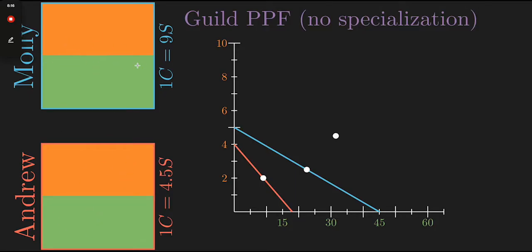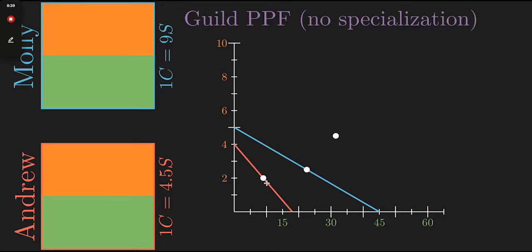So here, Molly is splitting the farm half for carrots and half for spinach. What we're saying with the guild, sort of a super farm, is that Andrew is going to make the same decision. He's going to split the farm equally between carrots and spinach. And we're just going to say both farms are going to choose exactly the same splits.